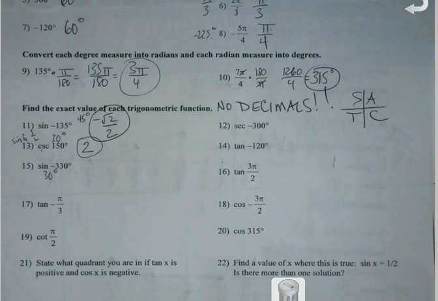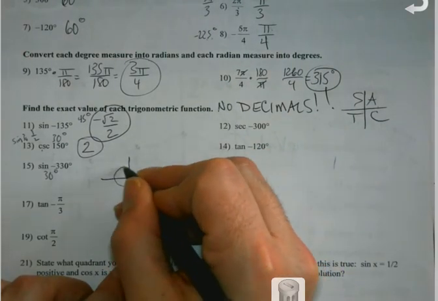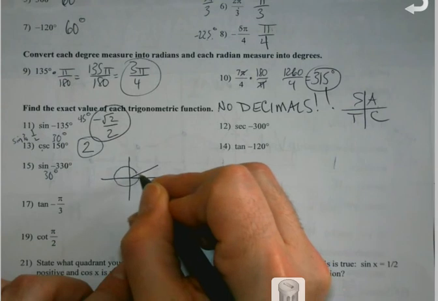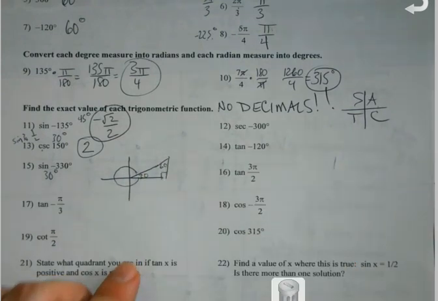Could you draw a picture if you wanted to? You could if you don't have your unit circle done yet. Remember, one of your options, you could draw yourself a unit circle like we used to do.